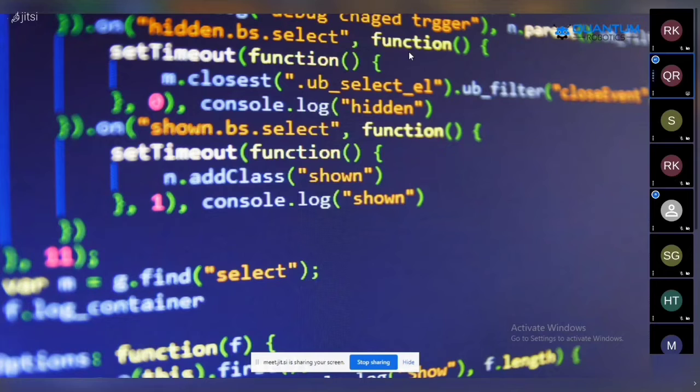Hiding means the particular task is hidden at that time. We use this hidden to execute in the BS state of a domain, and the selection process, whether it is in the first line, second line or third line, is done like that, and the function is done like this.